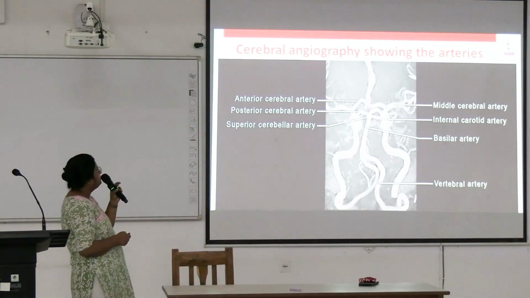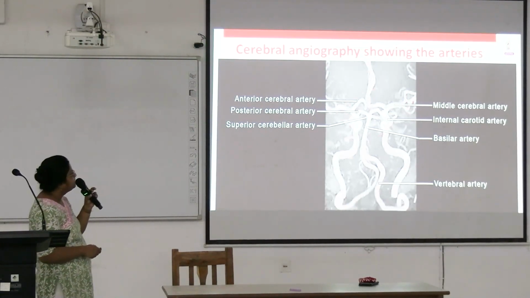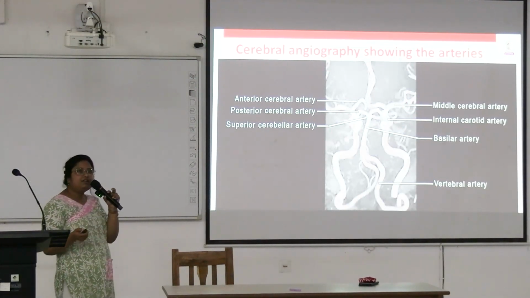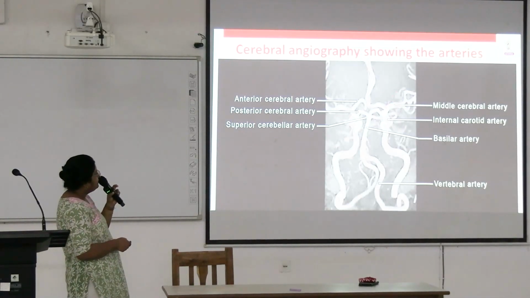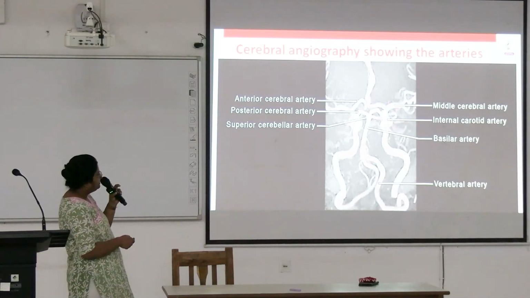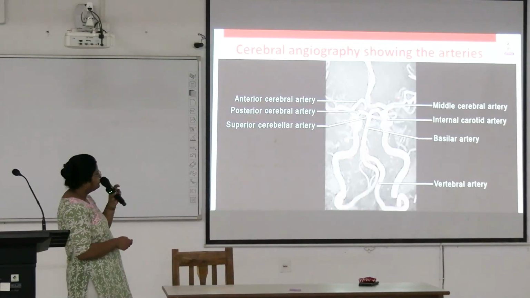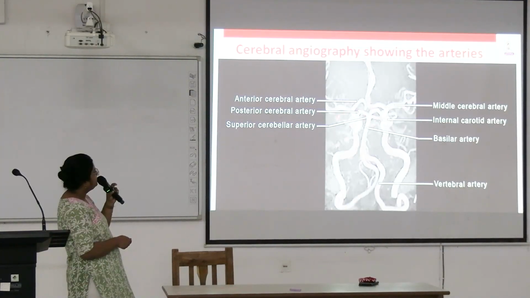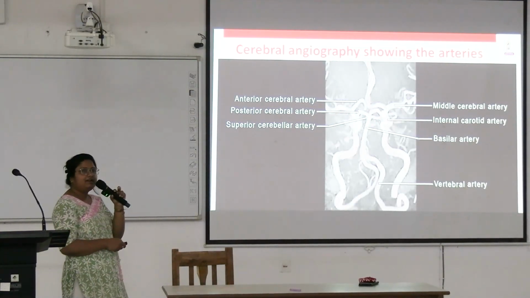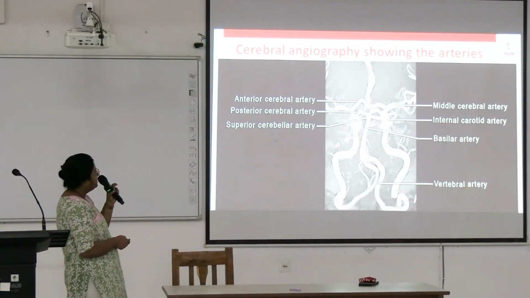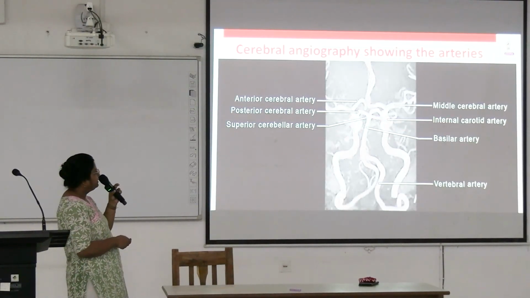Next, this is carotid angiography showing mainly the arteries of the circle of Willis. See here, this part is forming the circle of Willis. See, this is the basilar artery dividing into two posterior cerebral arteries. And another branch of the basilar artery is the superior cerebellar artery.